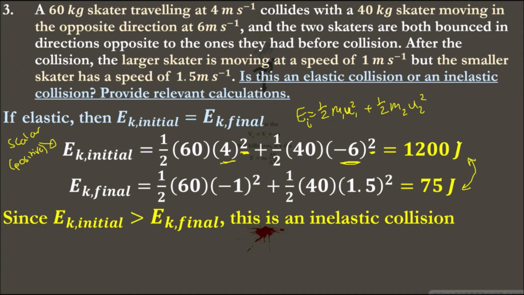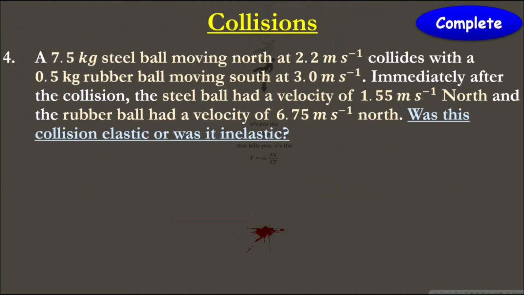Let's try another question. So here we have a collision. Let's go through the reading. We have a steel ball, one of the masses we need to take into account. We use ms to denote the steel ball. It travels at a velocity of 2.2. We'll call that us, or you could call it u1, it doesn't really matter.